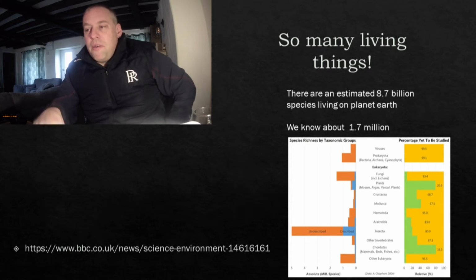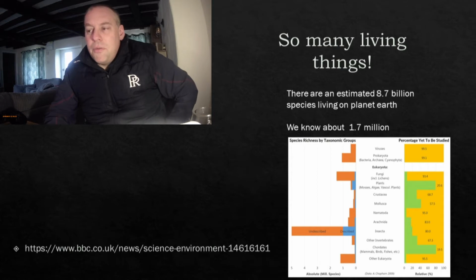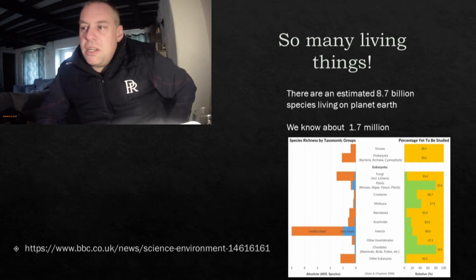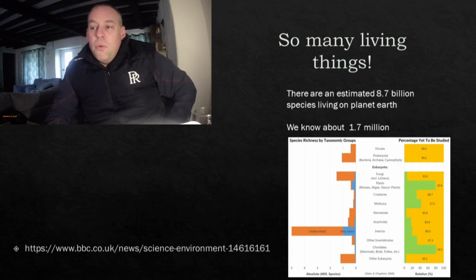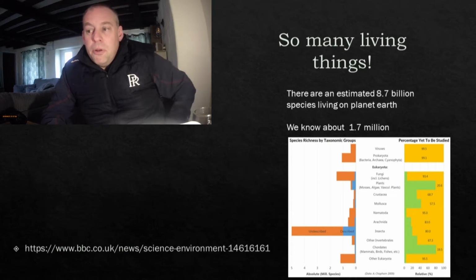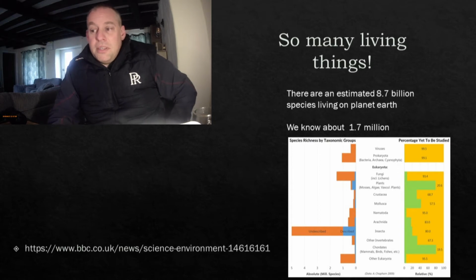Now, I've put a little graphic here, which again just shows how far we've got to go. On the left-hand side, it says species witnessed by taxonomic groups, which just means how many we think there are. So you take the brown-coloured, and that's how many we think there are, but the blue-coloured are the ones that we've discovered. And so we think there are huge numbers out there that we are yet to discover.